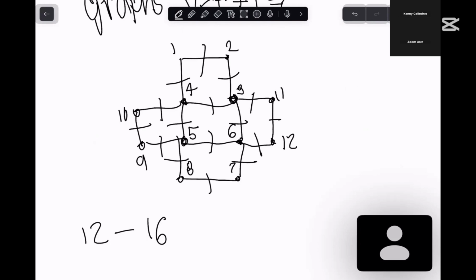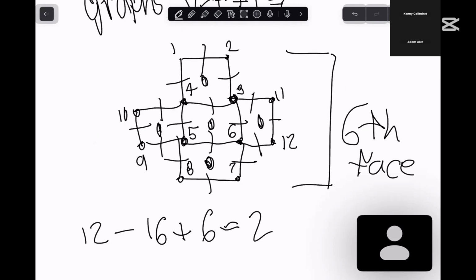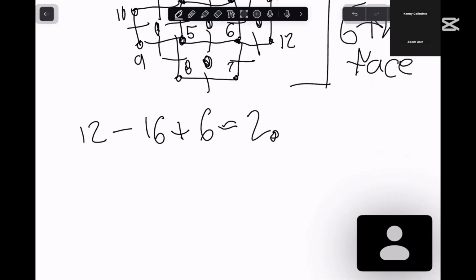And then we're going to add the number of faces, which is 1, 2, 3, 4, 5, and then the sixth face. And when you subtract and add those together, you're left with 2. And we know this because of Euler's formula.